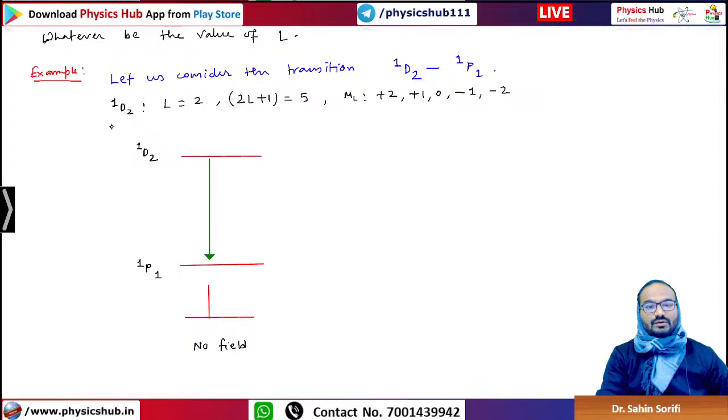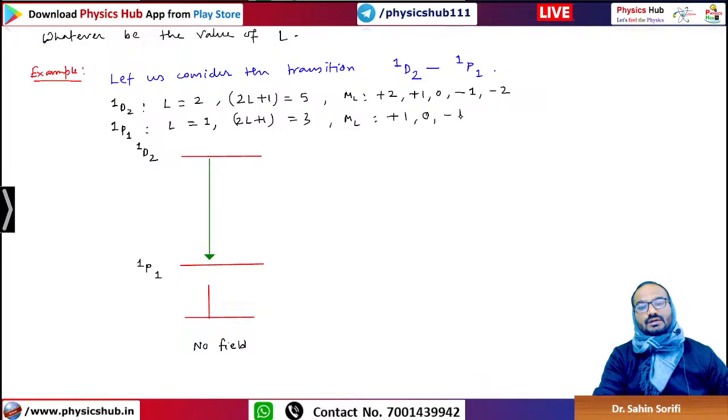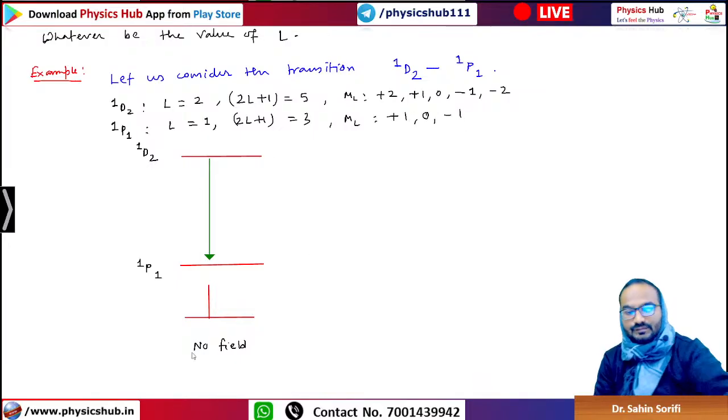Now, if we talk about 1P1, L value is 1, it will get split into 2L plus 1, means 3 values, means plus 1, 0, minus 1. Clear?